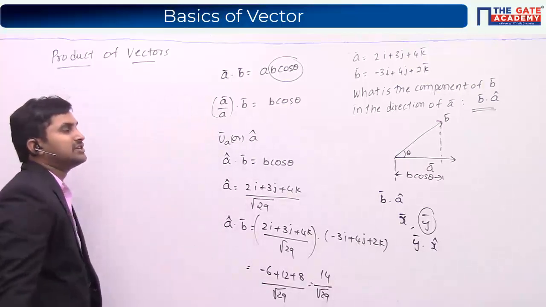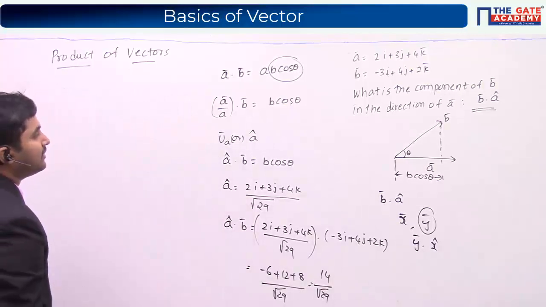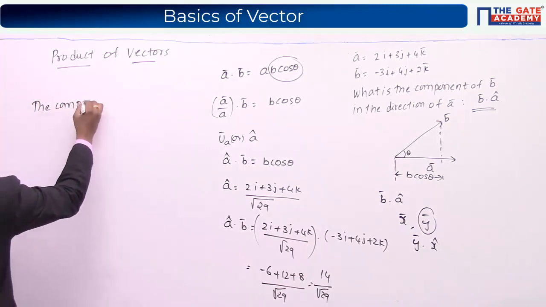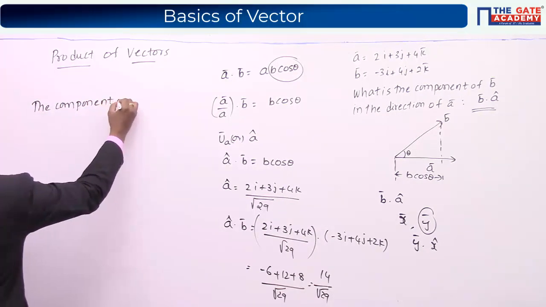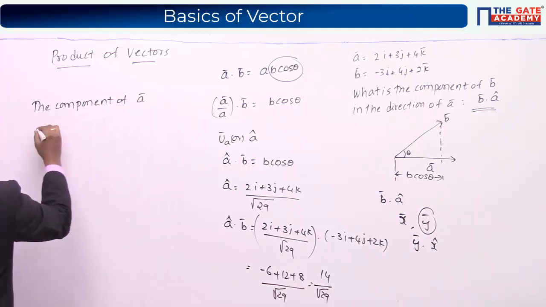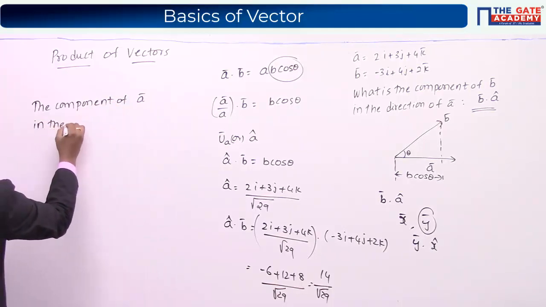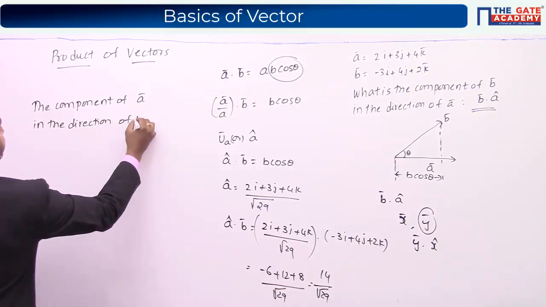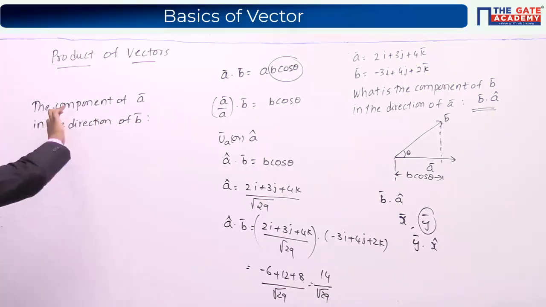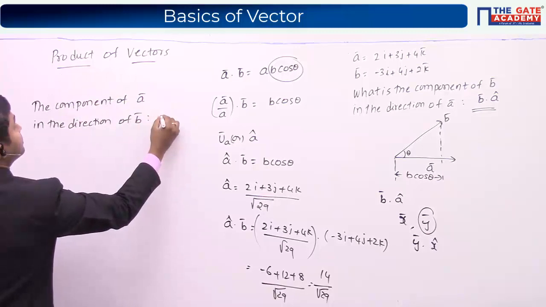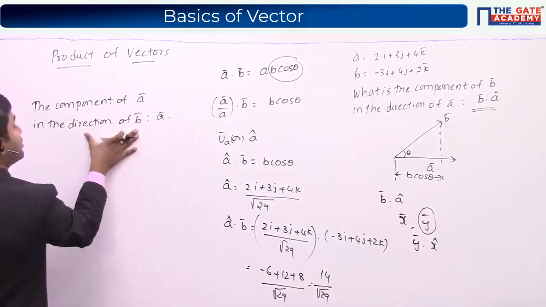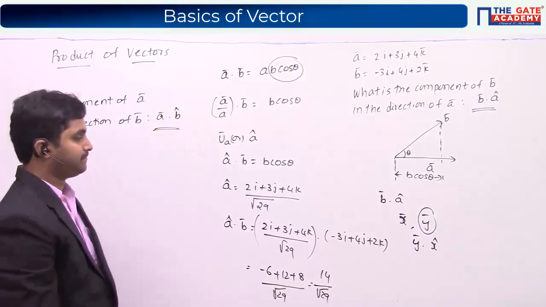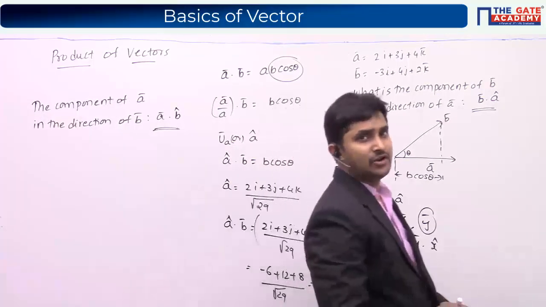Similarly, can you please tell me what is the component of A in the direction of B bar? A bar dot the direction of B bar is given by what? Please tell me the value of this.